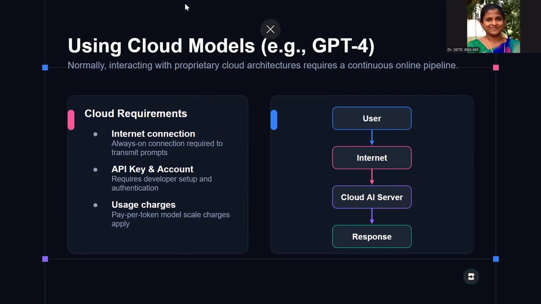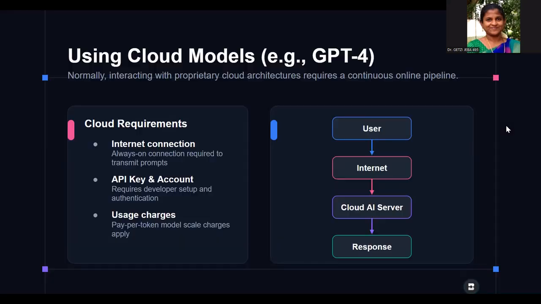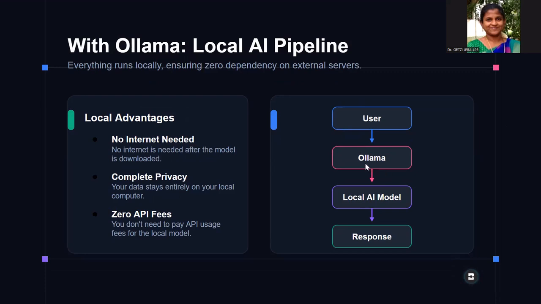But how Ollama works is, you will have Ollama on your local machine, and the local AI model is also downloaded onto your computer, and then that generates the response.